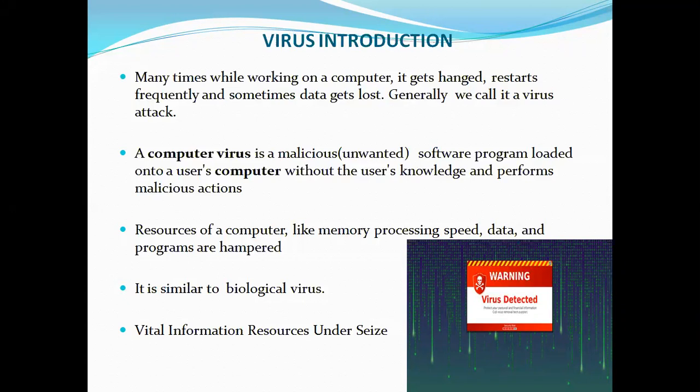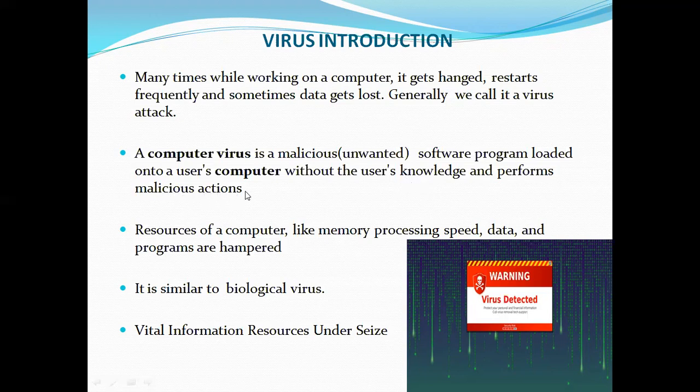Now, what do you mean by this virus? A computer virus is basically a malicious software. What is malicious? Malicious means unwanted software. So a computer virus is an unwanted software program which is loaded onto a user's computer without the user's knowledge, and it performs malicious actions.